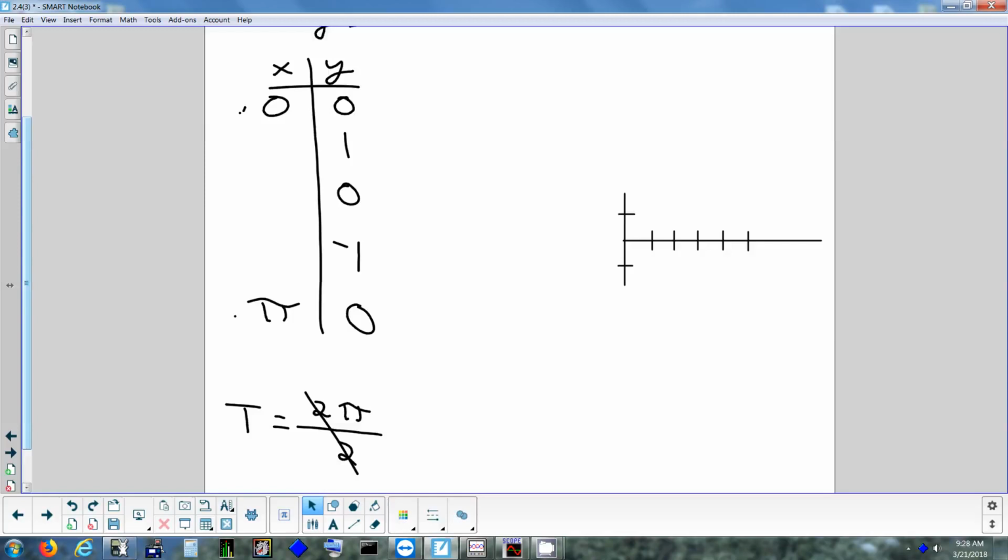Lexi, how do we get the third x coordinate, which is in the middle of the first and the fifth? Take the average of pi and 0. Just take 0, add it to pi, and divide by 2. That's how you average: you add the two things up and divide by 2. So Brady, what do I get for an average when I do that?